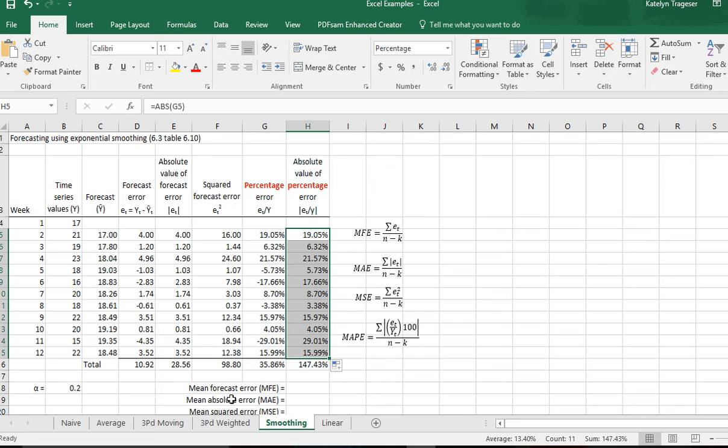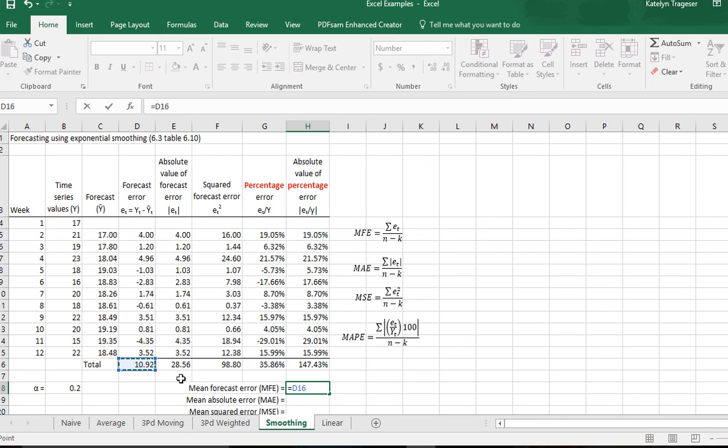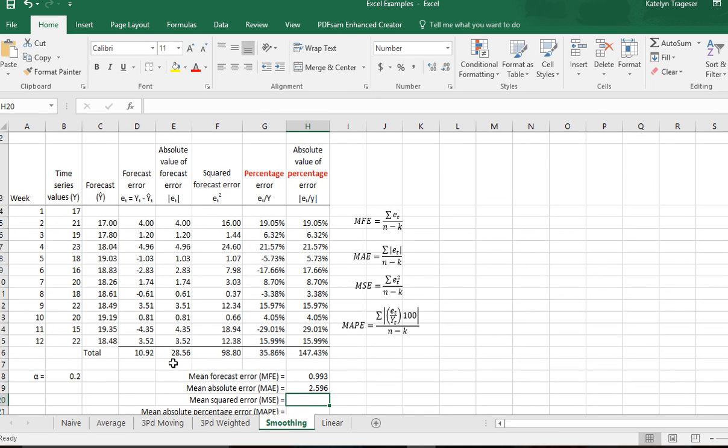So once again, that brings us down to our mean forecast error. We know that this now is the sum of our forecast errors divided by n minus k, and n is still 12, but k is just 1 again, 0.993. Then our mean absolute error is the sum of our absolute errors divided by n minus k, or 2.596.